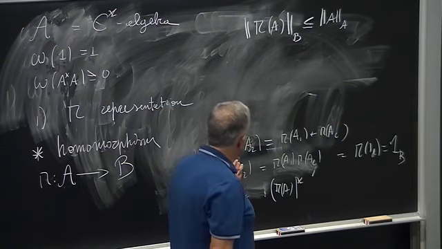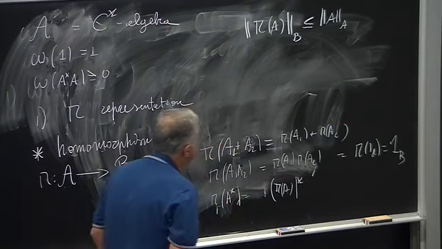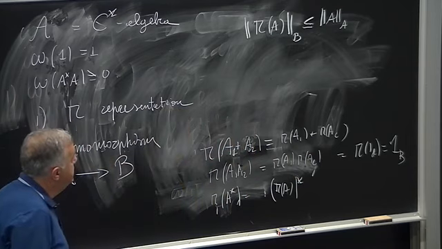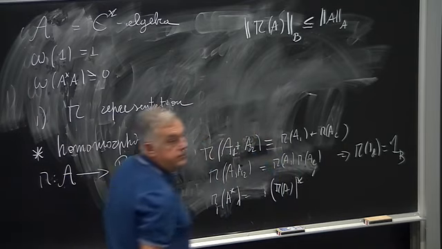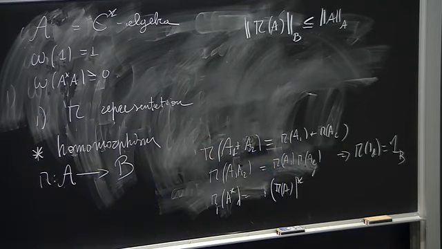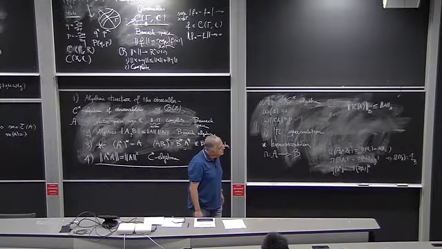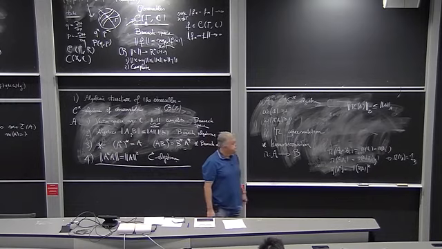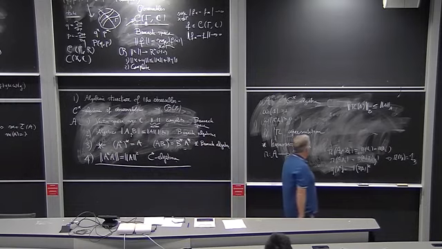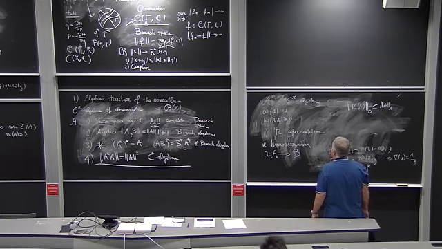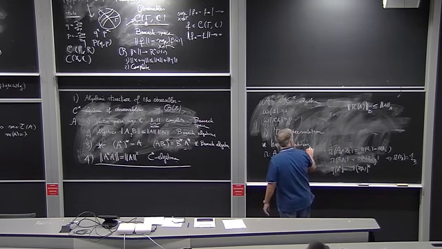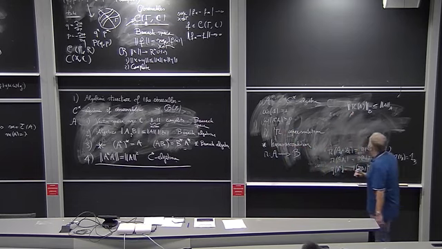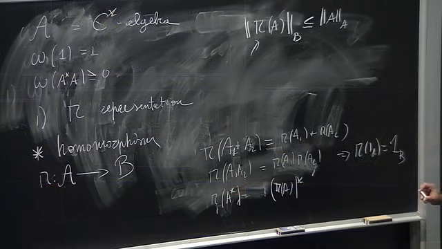You think you put 1 here? Yes, probably, yes. Okay, this is a consequence of this. So a star homomorphism implies this bound.